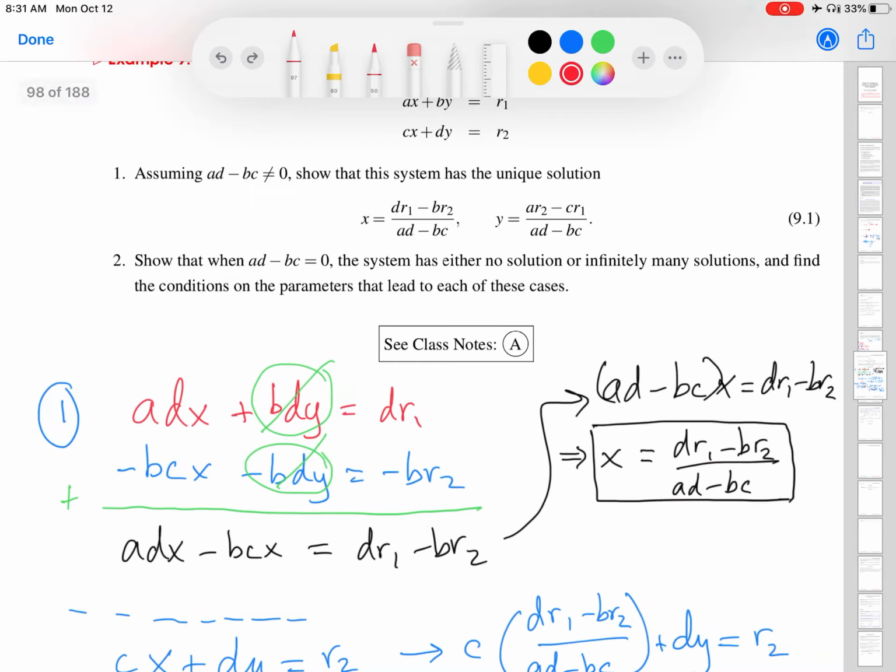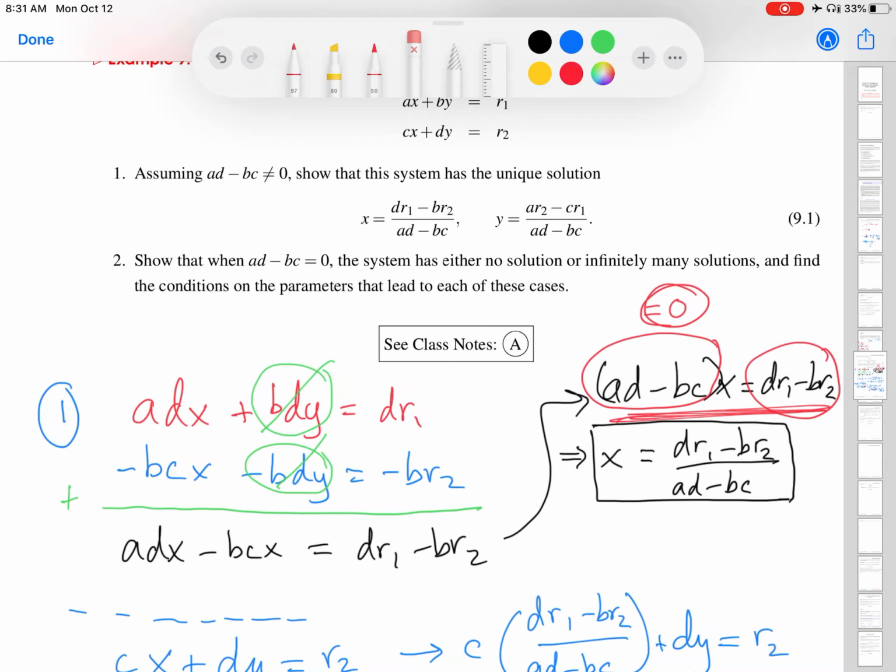Now notice what might happen. Let's suppose that this is 0, right? If this is 0, then this equation here would be 0 equals this right-hand side. So you can kind of foresee the other two solution categories we've been talking about for linear systems coming up.